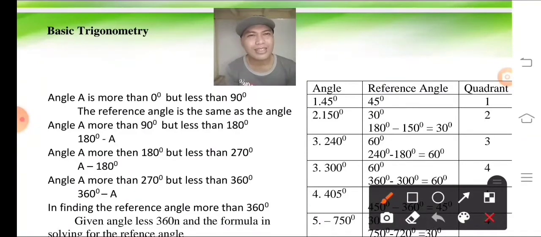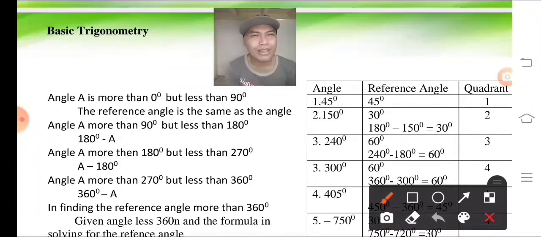Okay, these are the things that we should remember in identifying or determining the reference angle. If angle A is more than 0 degrees but less than 90 degrees, the reference angle is the same as the angle.